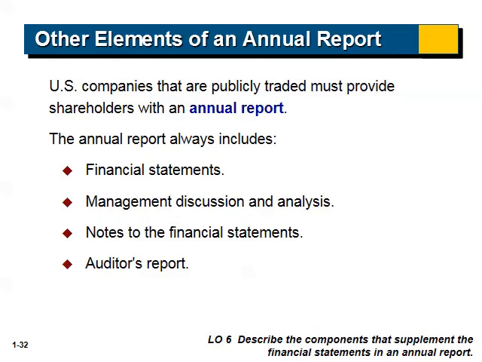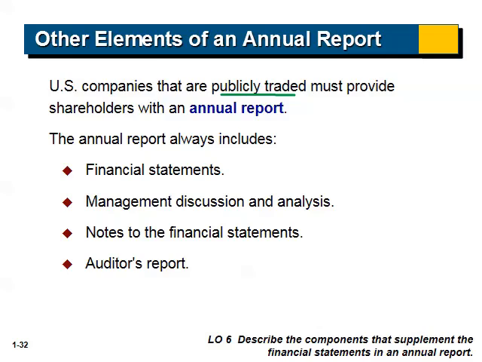Companies that are publicly traded must provide shareholders with an annual report. Now, what do we mean by publicly traded? That means that the stock is available to the general public, you and I can buy the stock, as opposed to a privately held company, which means that you and I cannot buy the stock in those companies.